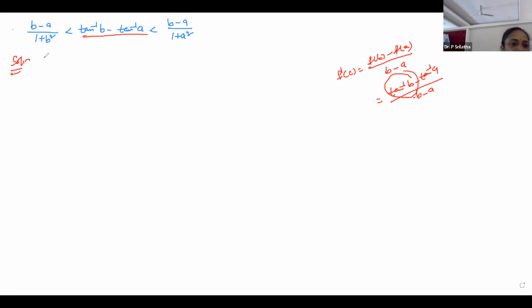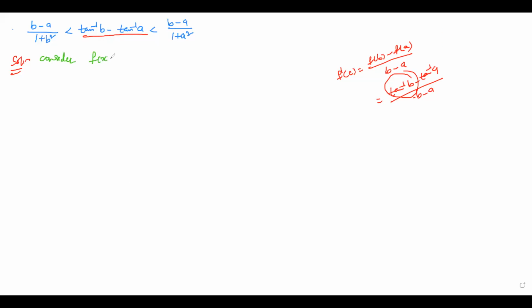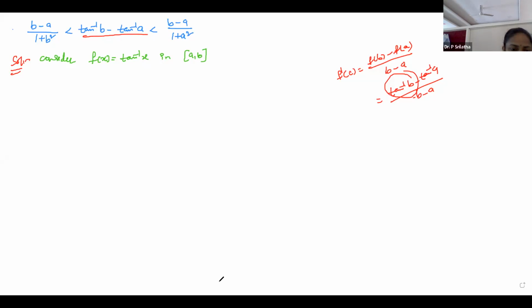Okay, so here we have to assume from the question only. That means we have to consider, from the question, we have to assume that f of x equal to tan inverse x.